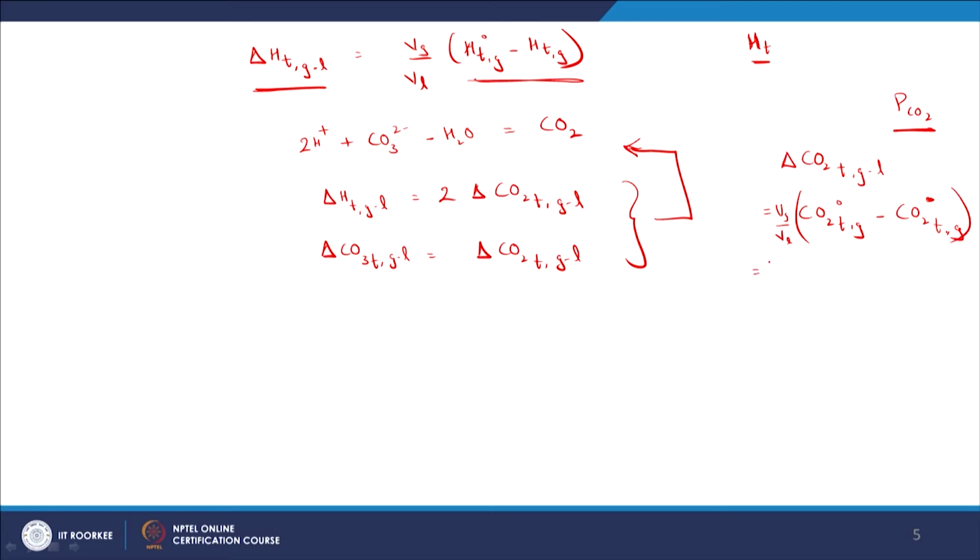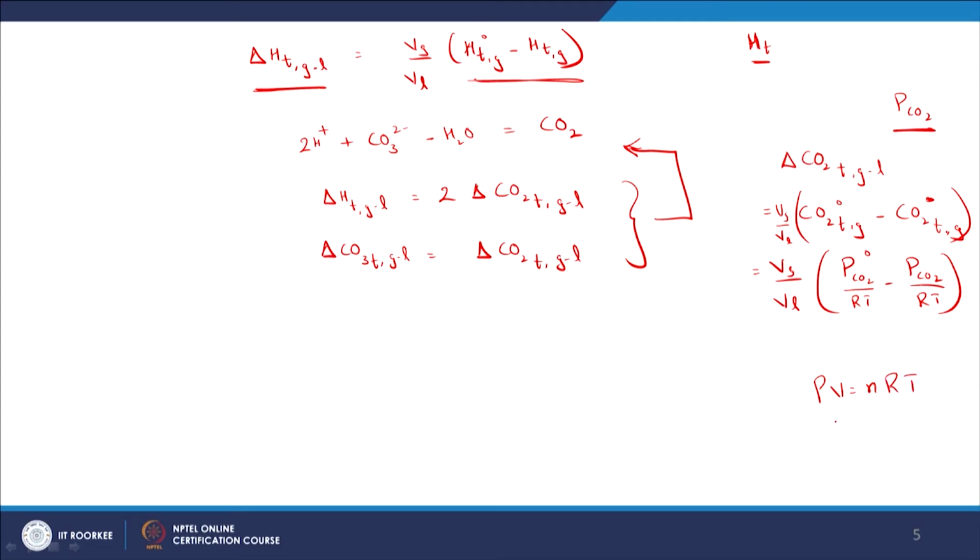And so I can express this as Vg by VL into, looking at PV equal to nRT, what is this going to be equal to? This is going to be partial pressure of CO2 initially by RT minus partial pressure of CO2 at equilibrium by RT. And where is this from again? We have PV equal to nRT, or the ideal gas law.